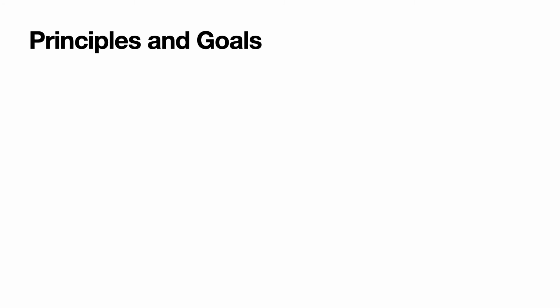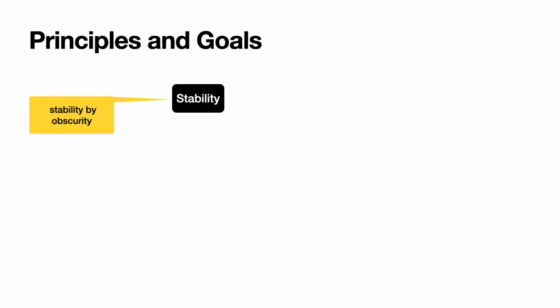So before I explain the stablecoin to you, I would like to go over some principles and goals that have guided us in the design. So first, of course, if we want to do a stablecoin, one of our main goals is stability. And we have to think about how we're going to stabilize the price of the stablecoin, right?